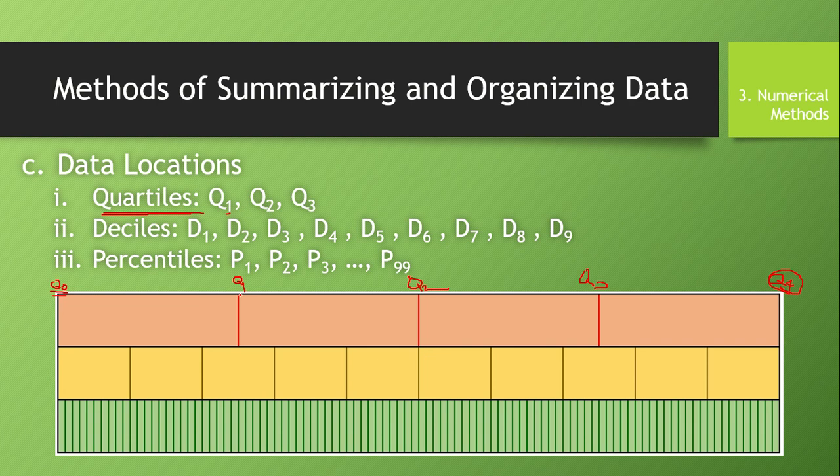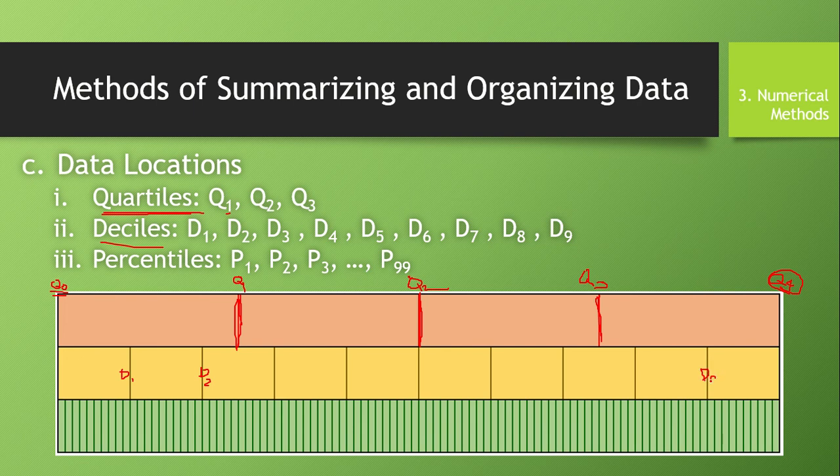So what value contains Q sub 1? What value contains Q sub 2? What value contains Q sub 3? Same with the deciles. You have D sub 1, D sub 2, until D sub 9.